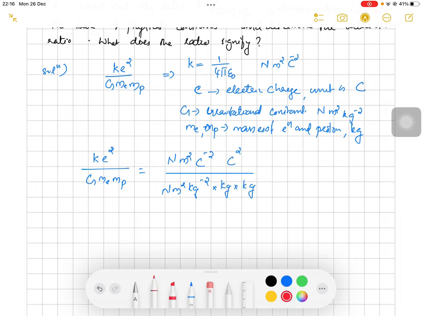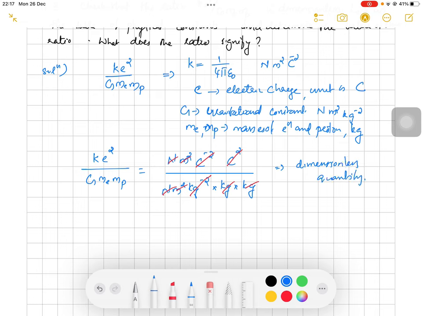Now look, Coulomb raised to minus 2 and Coulomb square is there, kilogram raised to minus 2 and kilogram square is there, Newton meter square and Newton meter square is there. So all the units get cancelled, and this quantity is a dimensionless quantity.